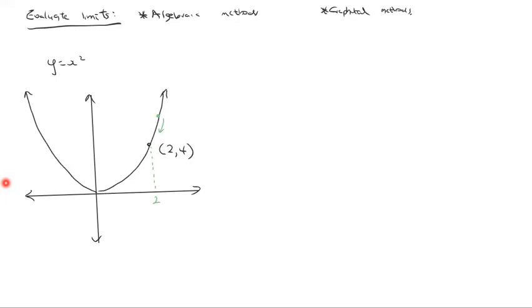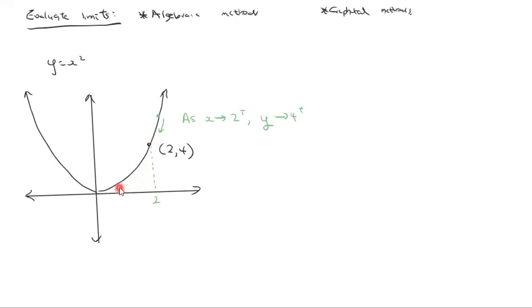Can you see as you move along the curve? What happens to the y? As you bring it closer and closer and closer, it approaches 4. Exactly. So if you understand what the graph looks like, you can just look at it, right?